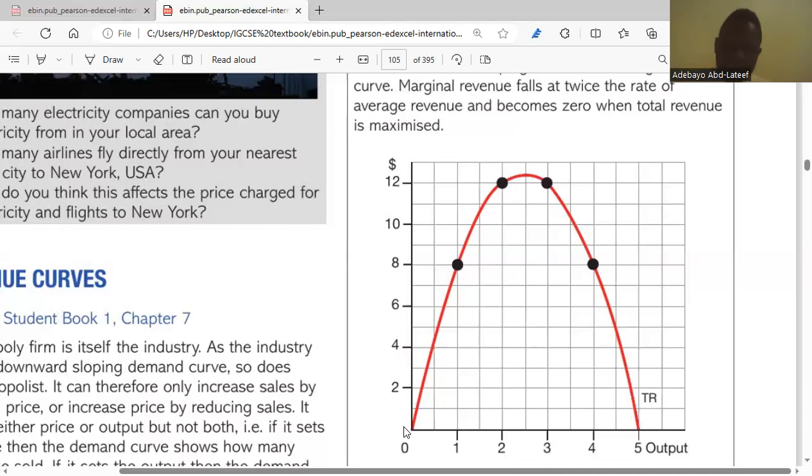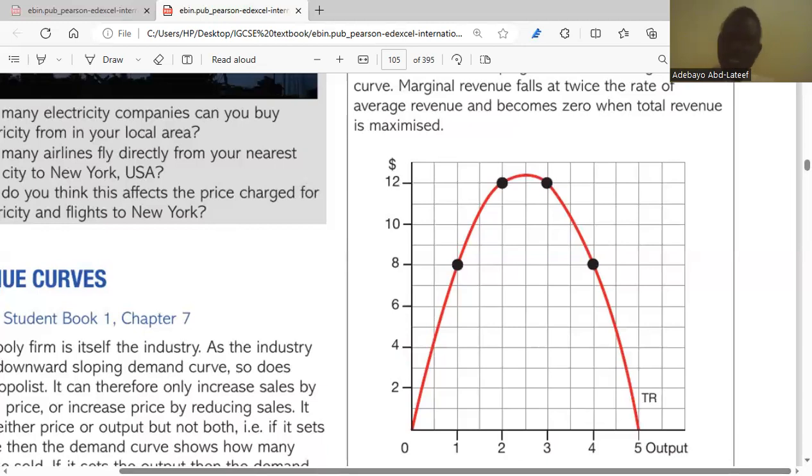So if average revenue is total revenue divided by output, it means output multiplied by average revenue will give us our total revenue. So for our output of 5, the revenue is at 0 here, which is 0 multiplied by 5, which is 0. That is the point made there.